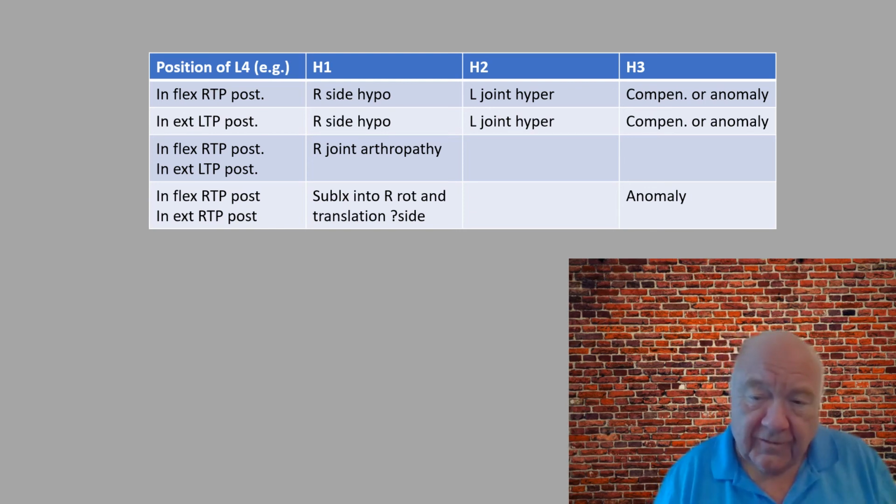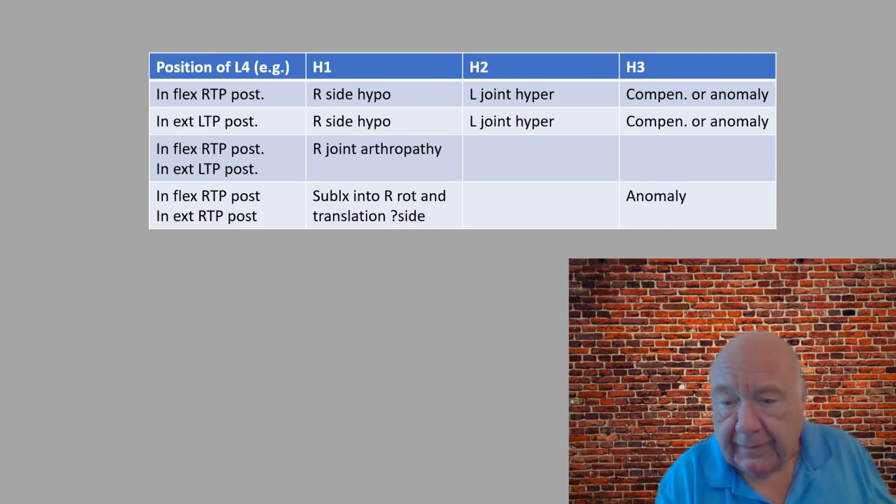Now, the direction of the translation can't be deduced from the rotation. Regardless of what your feelings are about coupling, this is a very dysfunctional segment and there's no reason to expect it to follow along that. So what you do is you translate it and you find out which translation it can't do.